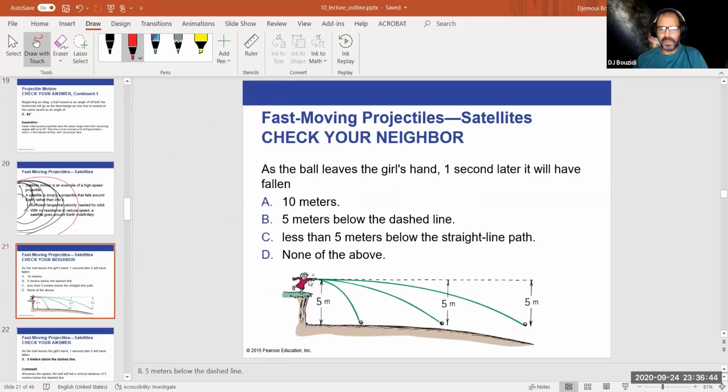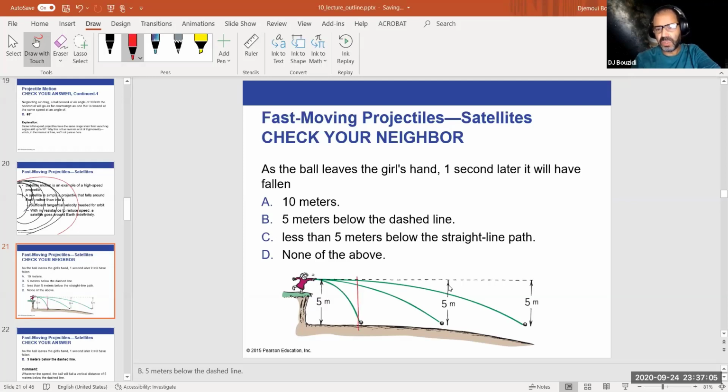Okay, here is the example. As the ball of the girl falls, it always drops 5 meters in the first second. Depending on its initial speed, though, if she throws it with a low enough speed, it could end up on the ground.